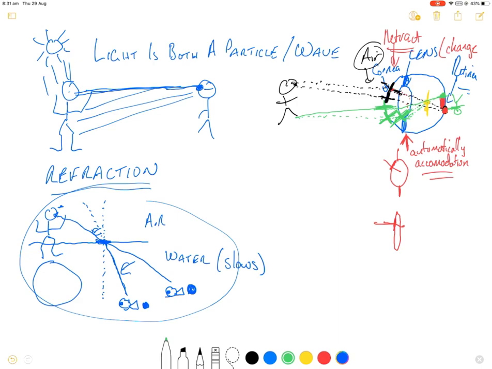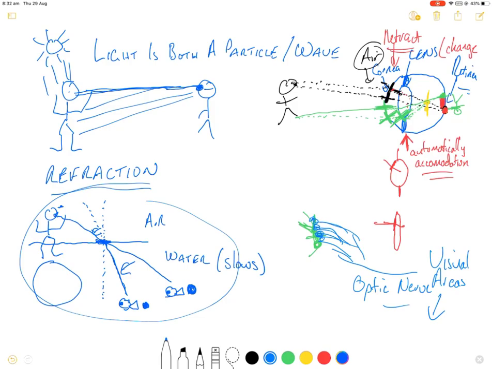So what we have now is when we look at the person, we refract the light, the lens fine-tunes it so it's focused, and then what we have here, here's our retina, is an image of the person upside down. Now obviously, when we look at someone standing up straight, it isn't upside down to us, and that's because we have receptors that send all this information of that image through what's called the optic nerve, and it goes to the visual areas of the brain.